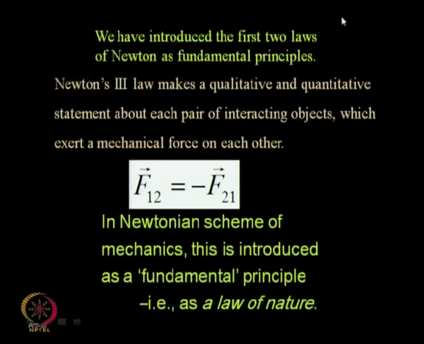Again, this is not derived from anything. This was Newton's understanding of how pairs of objects interact with each other, and he conjectured that the forces between pairs of objects are equal and opposite. This is what we say very simply as action and reaction being equal and opposite.